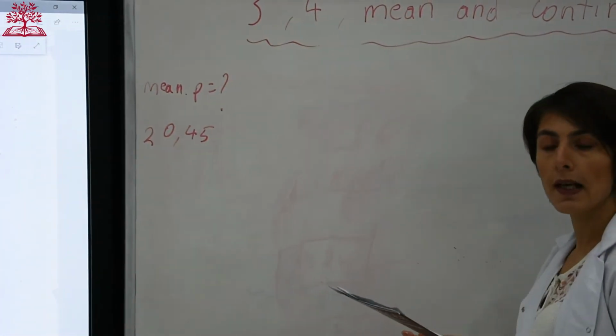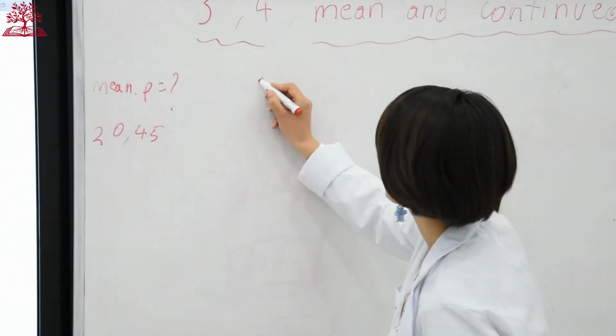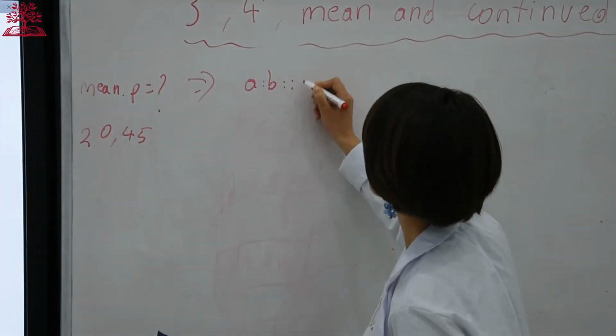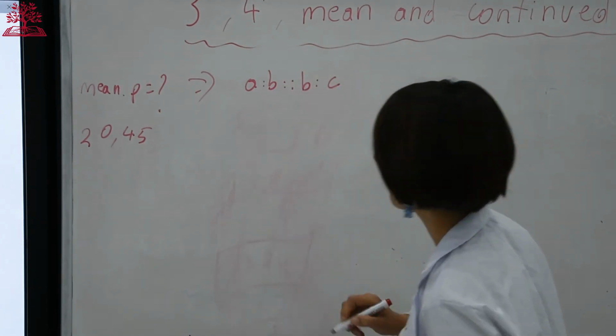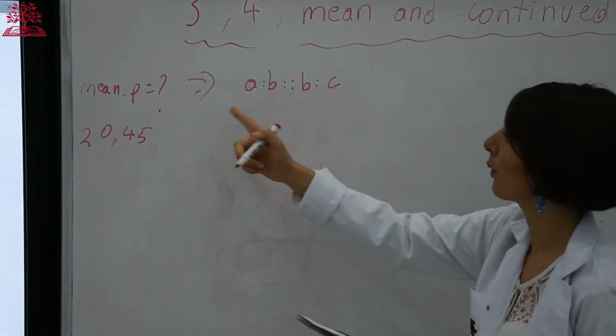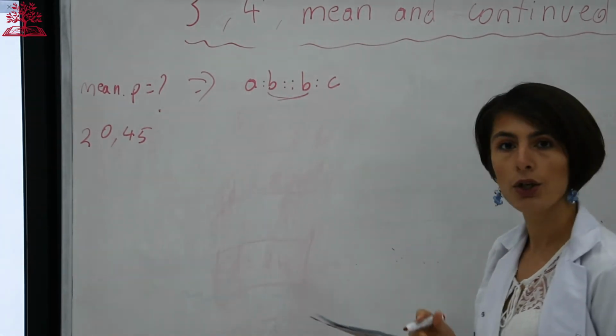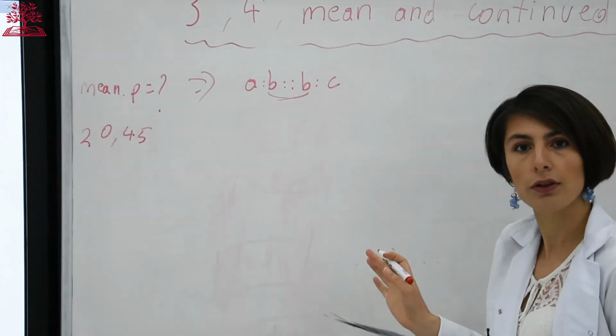What can I do in this case? So I know the form that is A to B equals B to C, and I have to find the mean proportional. My mean proportional is this B here. You can call it also X, it's totally fine.